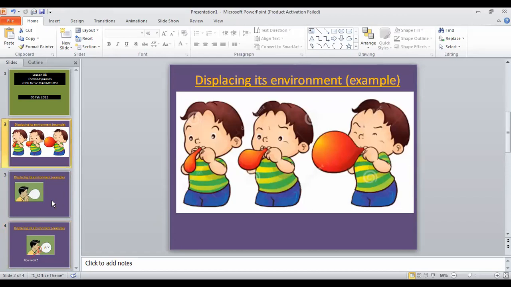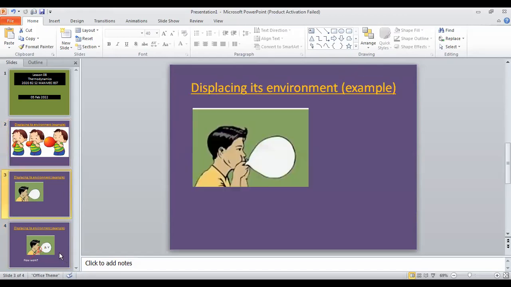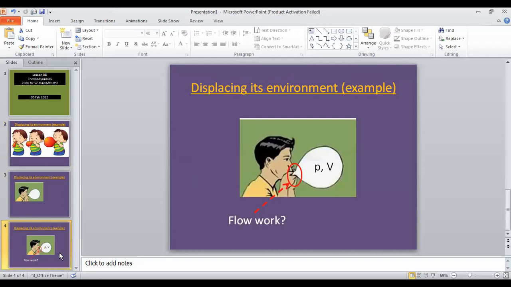So really, there is work done on the flow of air to make it flow into the balloon. So you should feel there is something like flow work, work on the flow, to make the balloon enlarge, and move on.